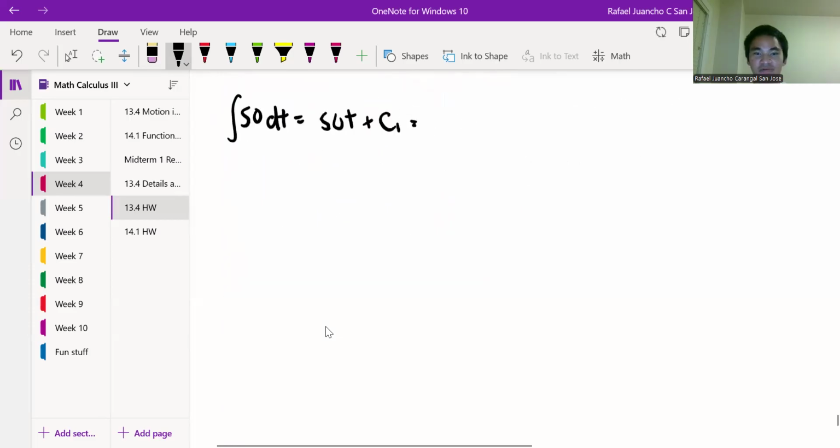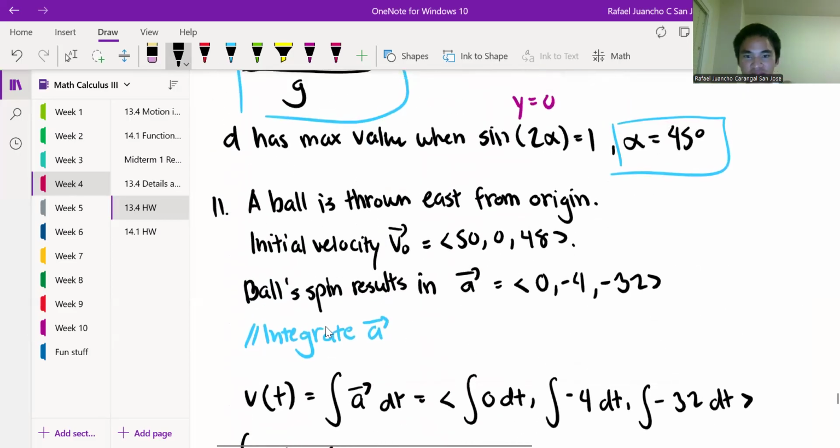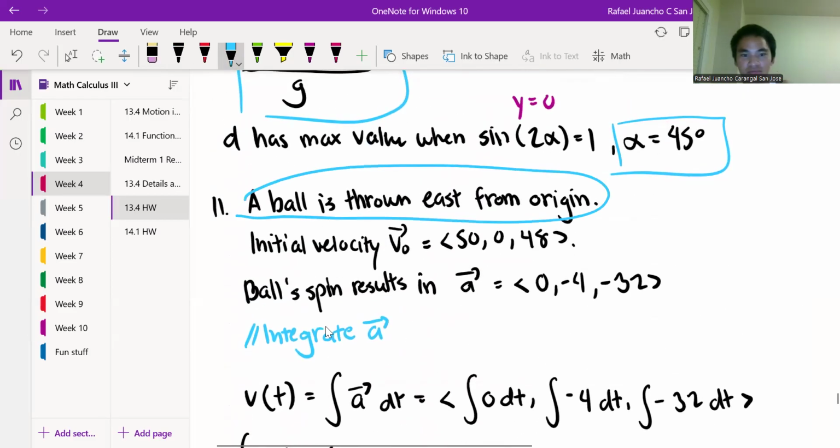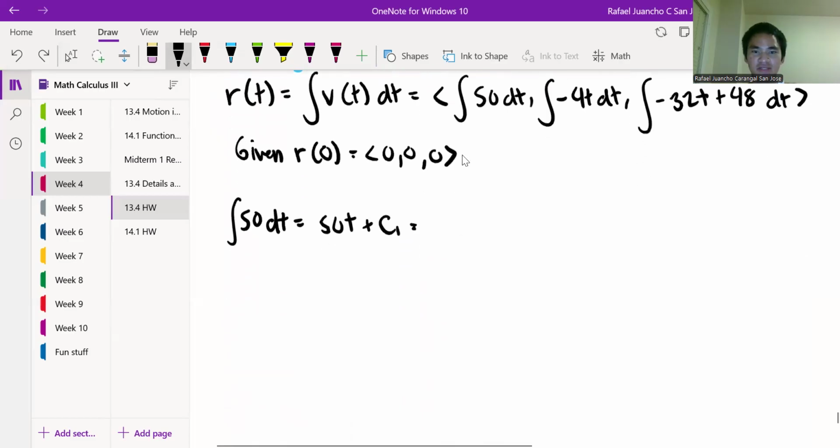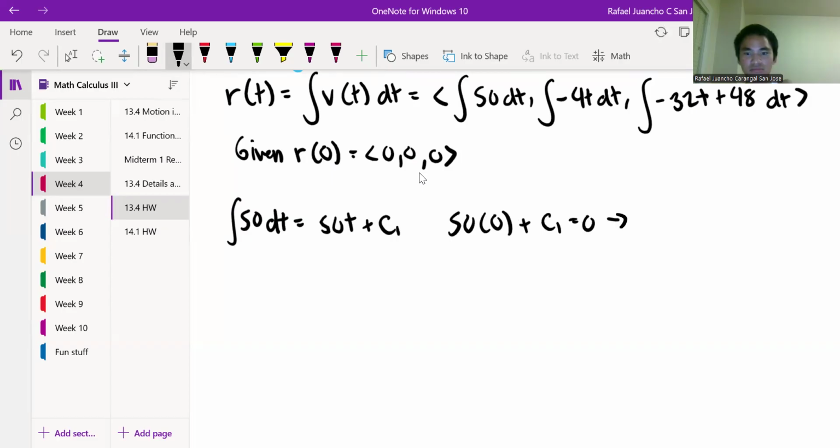So that was the starting point. Oh, no, it says it here. So at t equals 0, the ball is at the origin. That's how I got this info. Now I just set these to 0. C1 is 0.